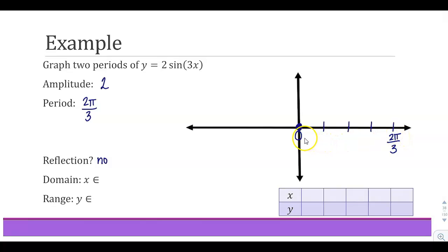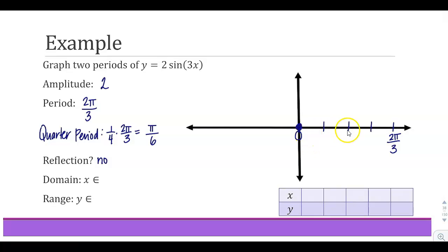So sometimes people just have good number sense in order to split this up, and that's absolutely fine. I'm going to give you a strategy for breaking this into 4 equal parts. I'm going to find what's called the quarter period. So the quarter period is essentially 1/4 of the period. So 1/4 of 2 pi over 3, which simplifies to 2 pi over 12 or pi over 6.